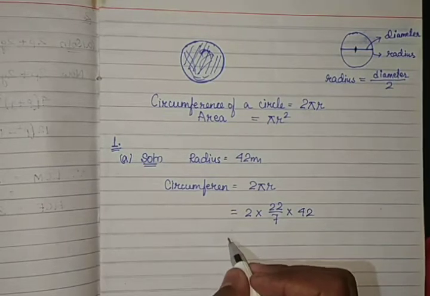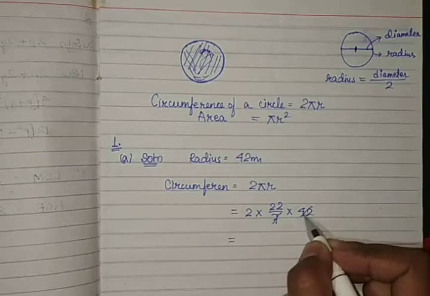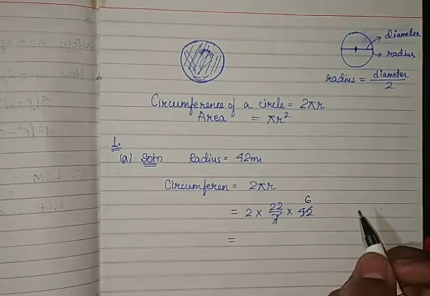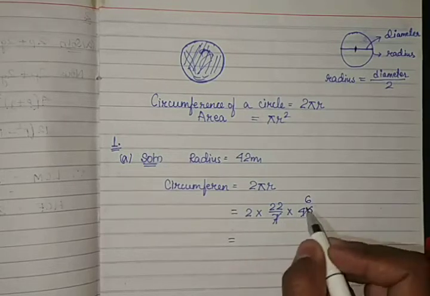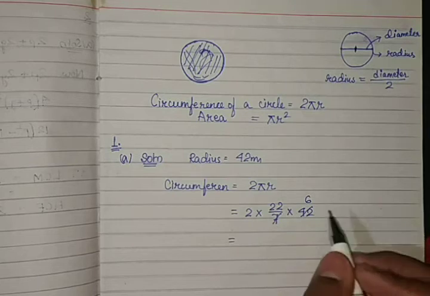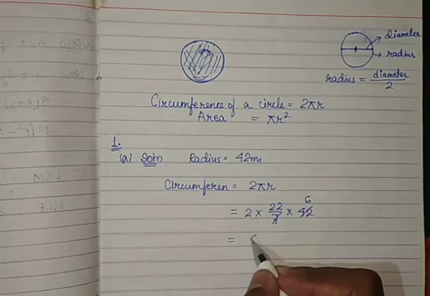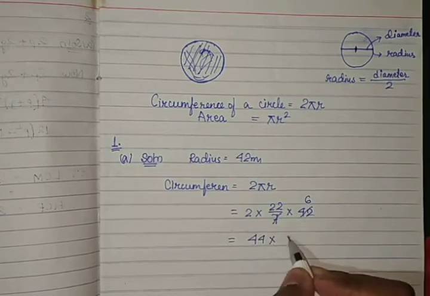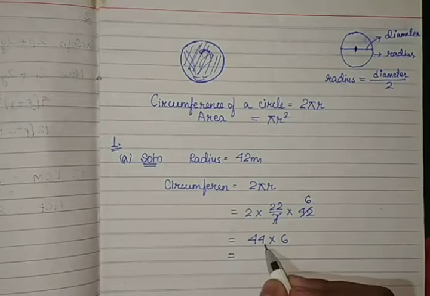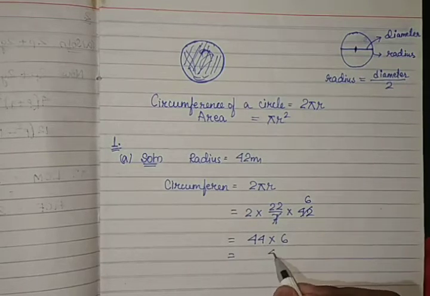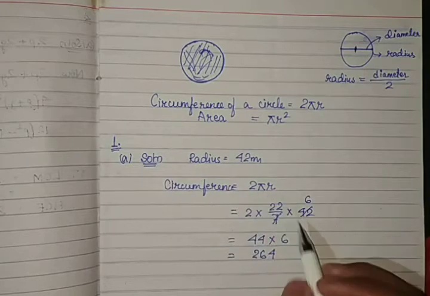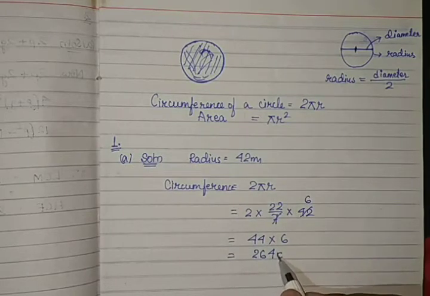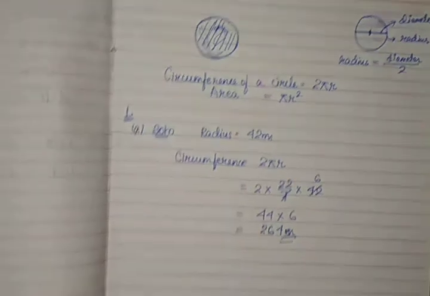Now we need to solve all this. Here this will be reduced: 7 6s are 42. Then multiplying, 22 into 2, 22 2s are 44, and then multiply by 6: 6 4s are 24, 2 in hand, 6 4s are 24 plus 2, 26, 264 meter. This will be the answer for circumference.